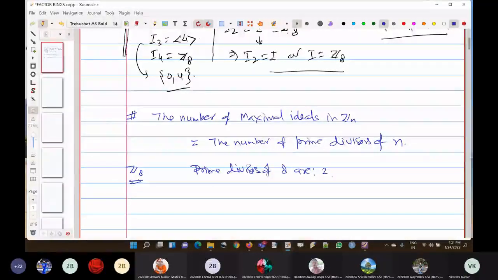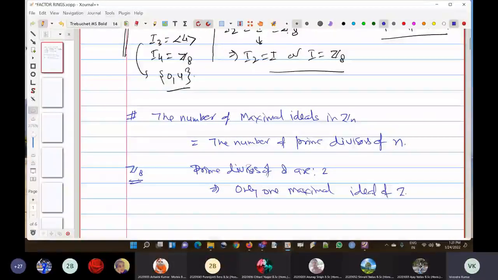Only 2 is the prime which divides 8. Okay, so only 2 and their number is 1. And this implies that there is only one maximal ideal of Z8.